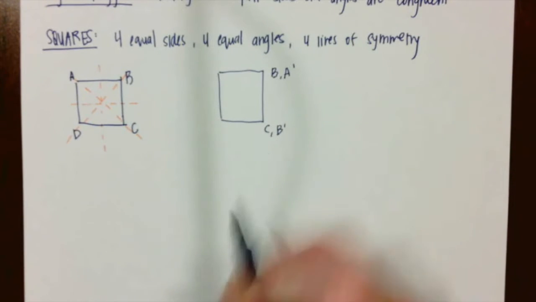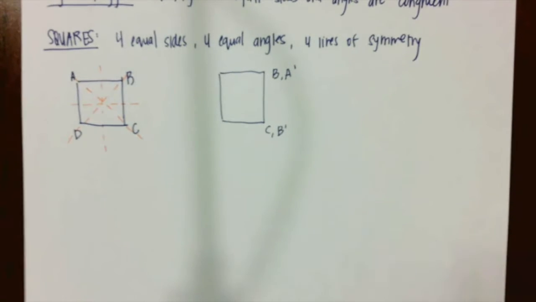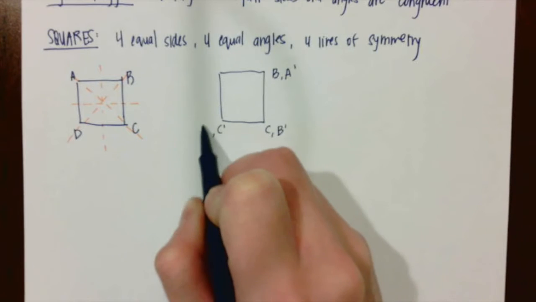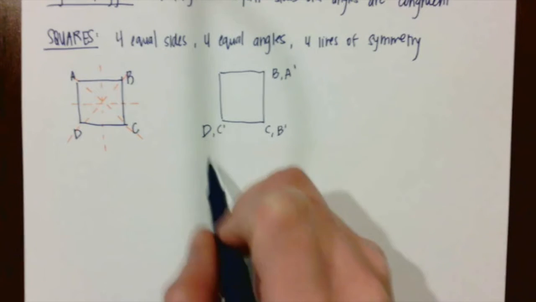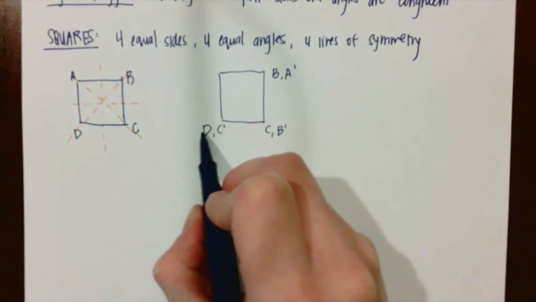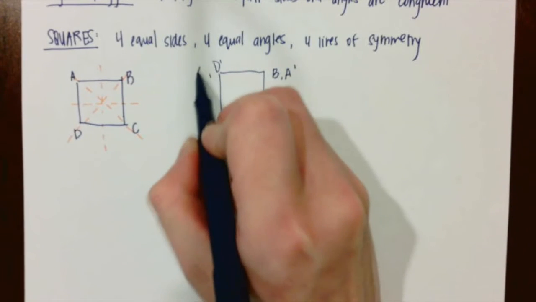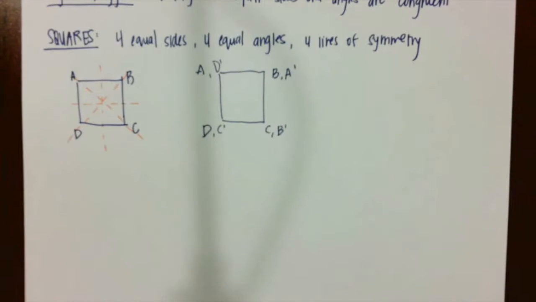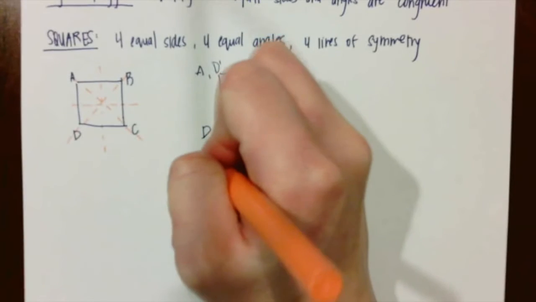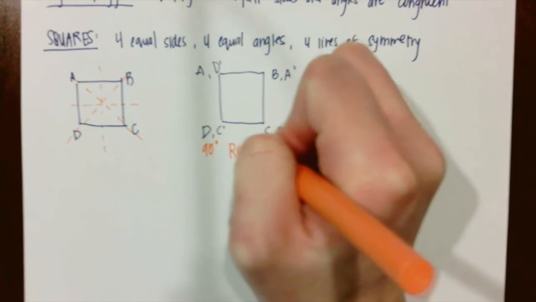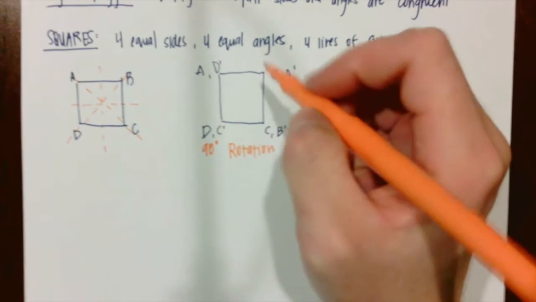Originally that was C. C began right here, and then it twisted 90 degrees to come right here, where we originally had D. When we twist D 90 degrees, it comes up where we started out with A. So what we just did is a 90-degree rotation.